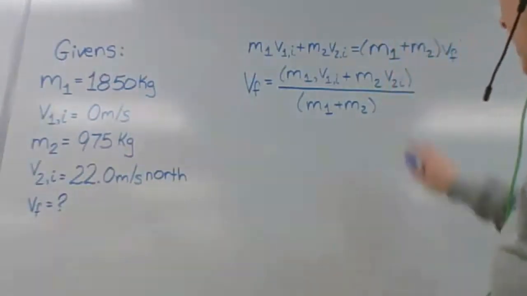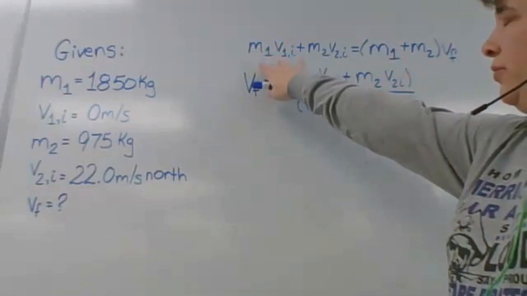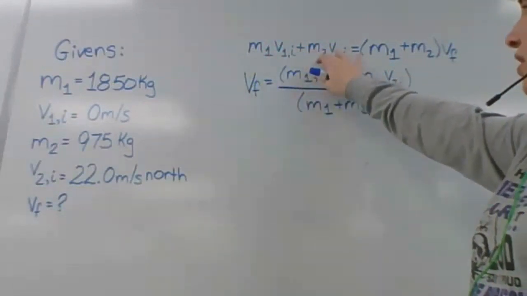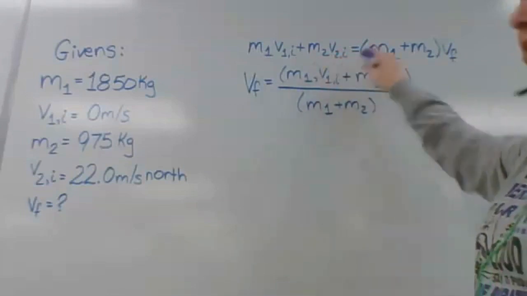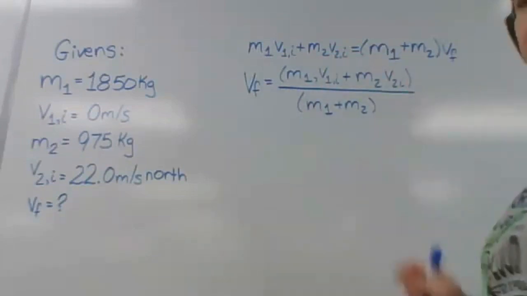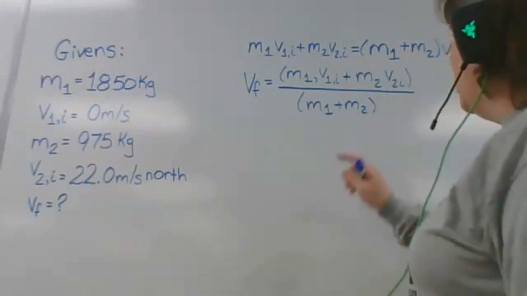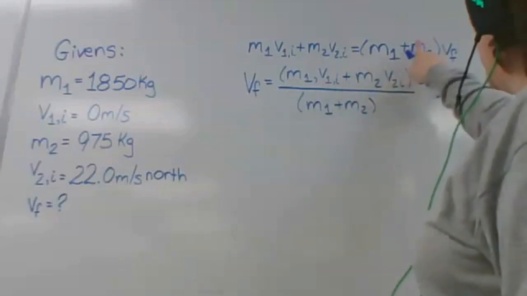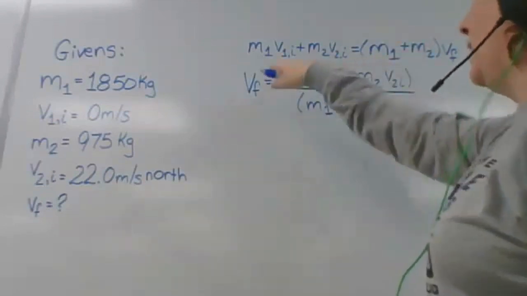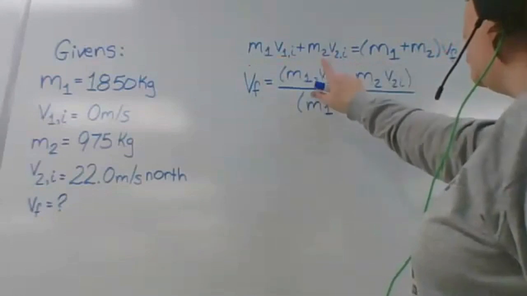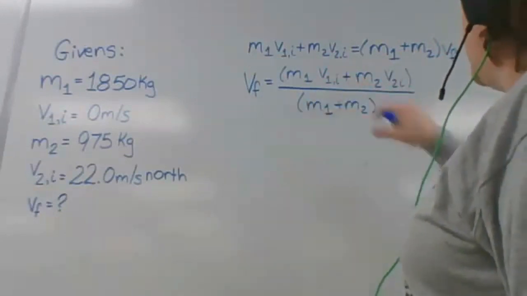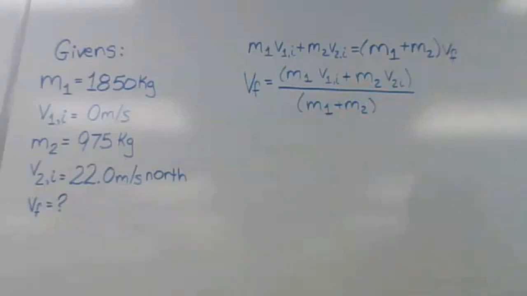Remember that the mass of the first object times its initial velocity plus the mass of the second object times its initial velocity is equal to the masses added together times the final velocity. So we're looking for final velocity, so we divide the summation of the masses across. We get m1 v1 initial plus m2 v2 initial divided by m1 plus m2.